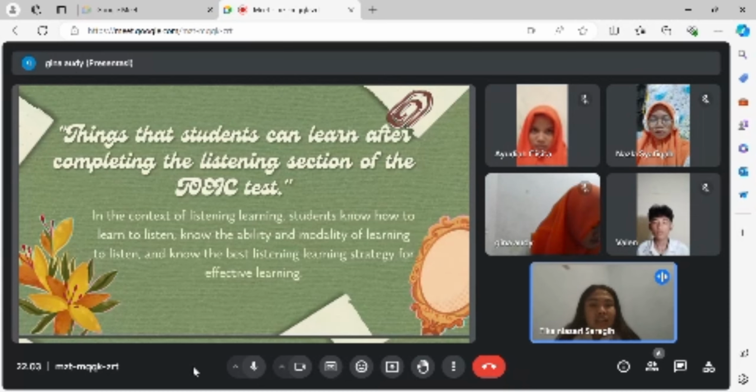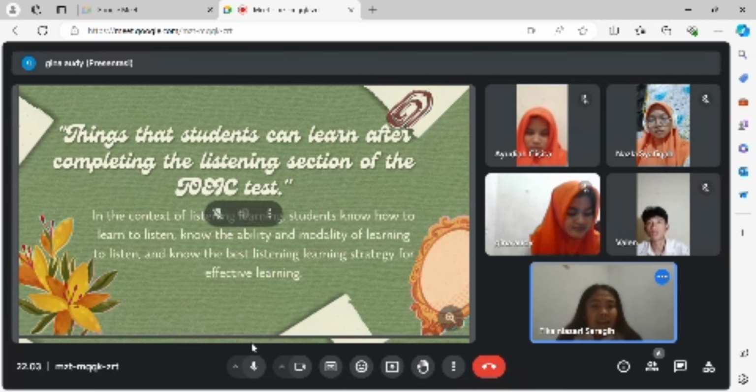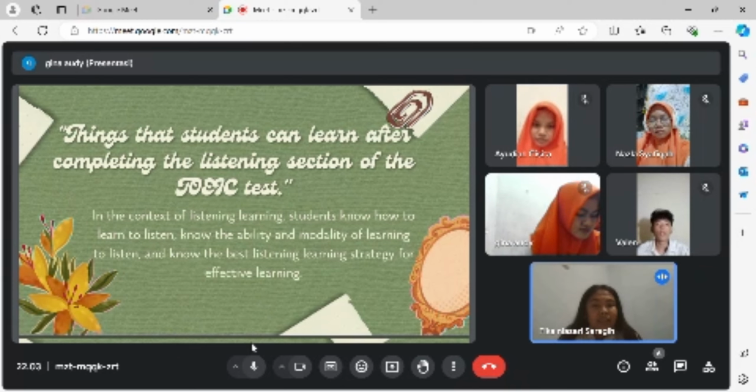Third, take notes and check understanding. Taking notes helps students record important points heard and check their understanding. Then we have to know the ability and modality of learning to listen, such as visual, auditory, reading, or kinesthetic.